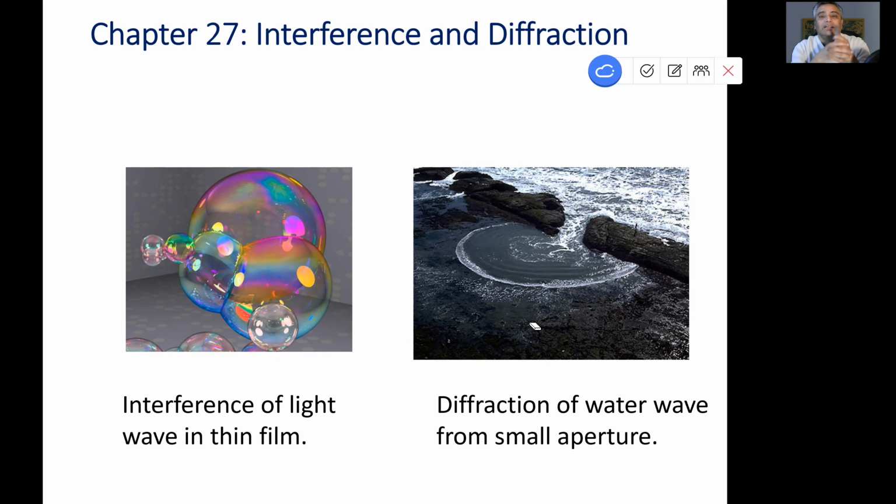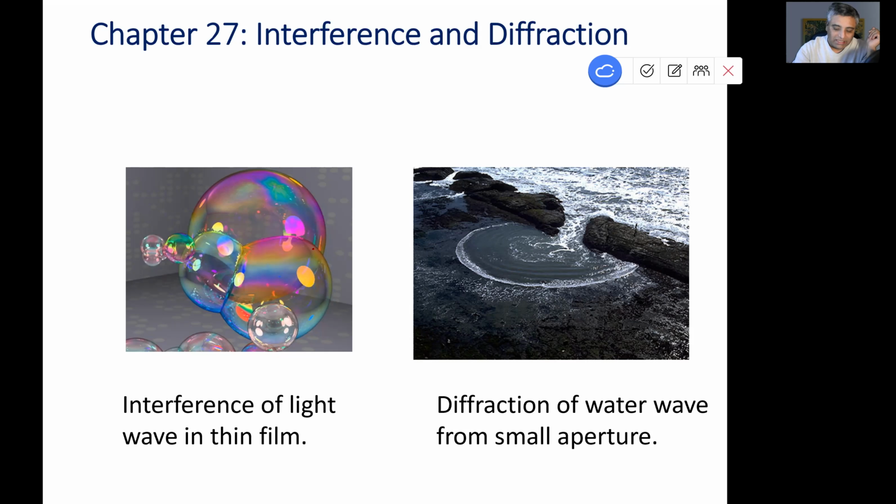Okay. So that phenomenon is called diffraction, and we cannot describe that by using ray optics or geometric optics. So there are these phenomena.